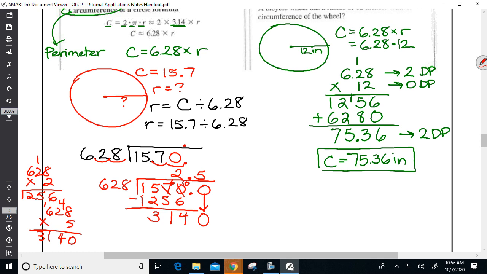That's 3,140. Remainder of 0. That takes care of itself. So your radius is 2.5. I didn't give it any units, so make it inches.